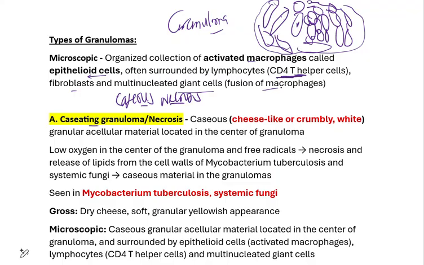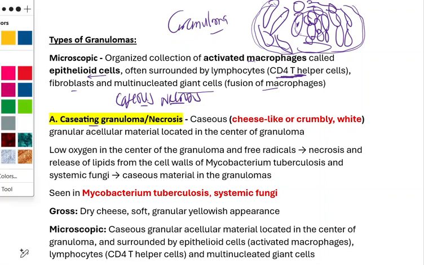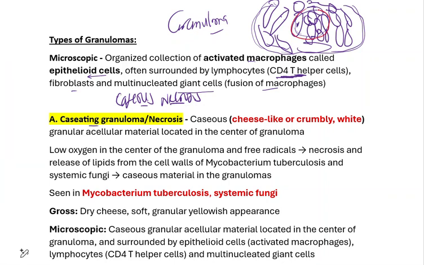Because the granuloma is so big, the center of the granuloma is not getting enough blood supply. Remember, they're far away from the blood supply, they are in the center.